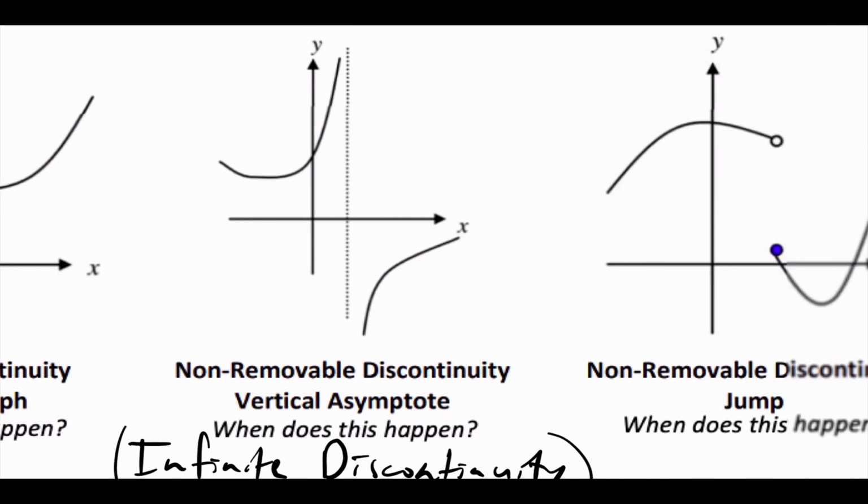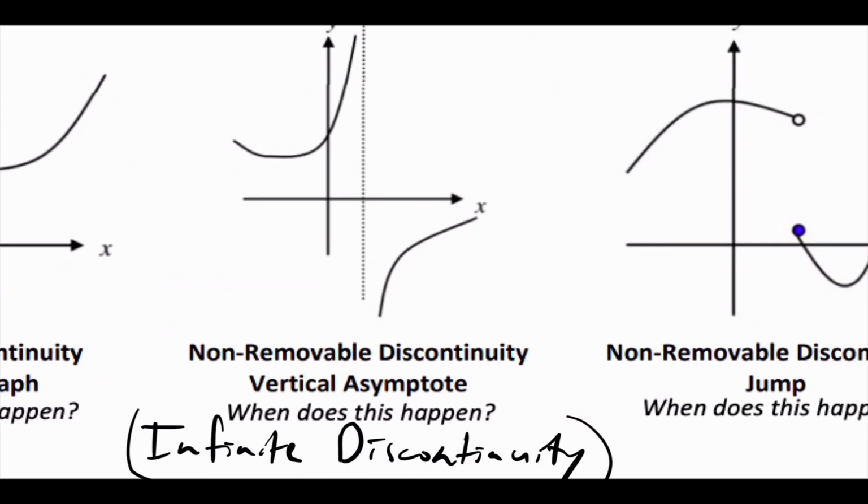The next one is called non-removable, or sometimes they'll call it infinite discontinuity. That's the same thing. It's when we have a vertical asymptote. When we have a vertical asymptote, we have discontinuity. Okay, not horizontal. Horizontal is not what we're talking about here. This one's just vertical. All right. So when does this happen? When there's a value that makes the bottom 0, right?